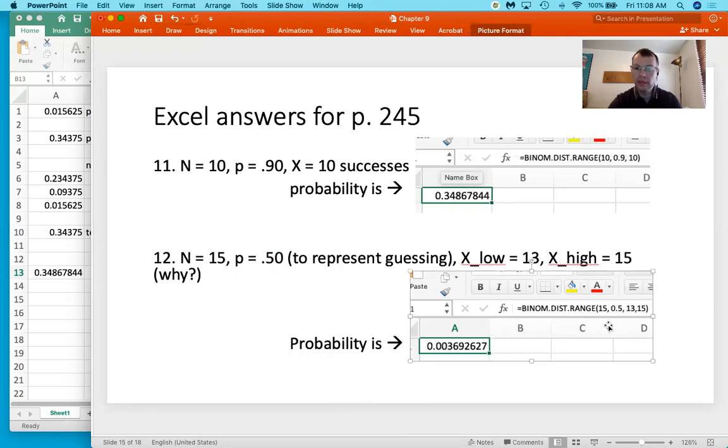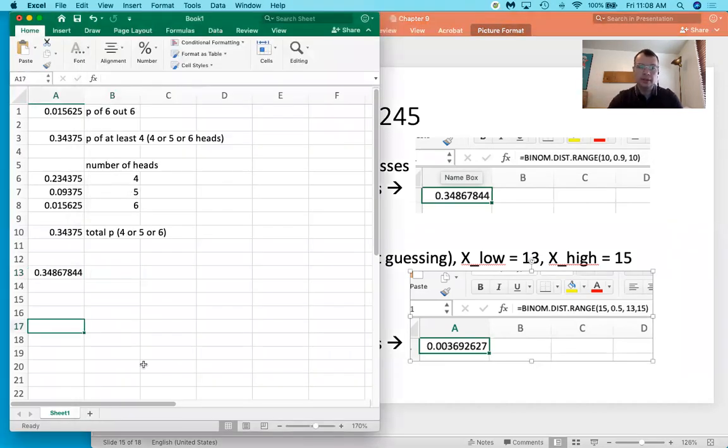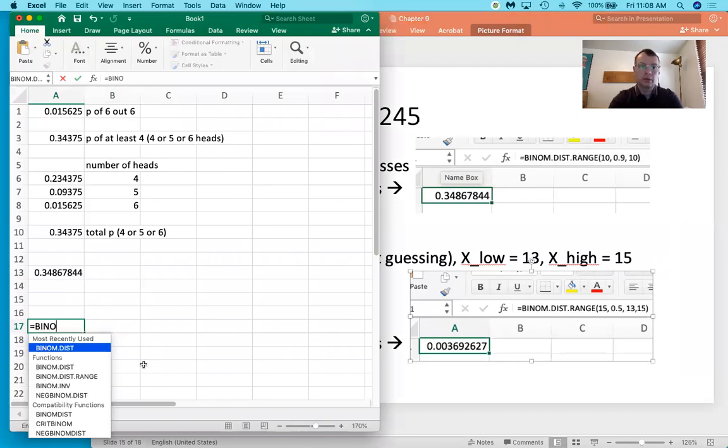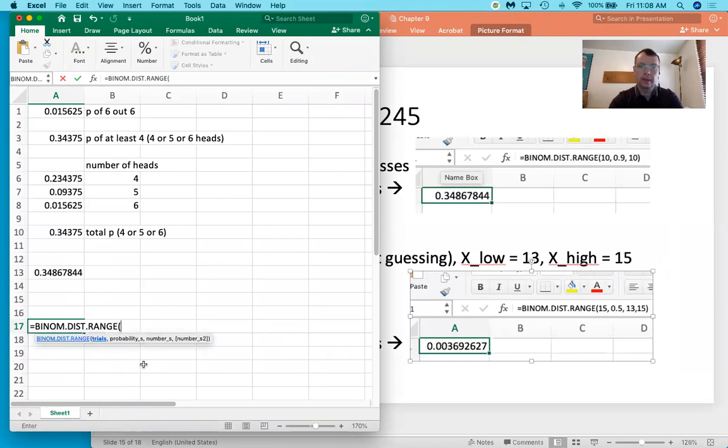We don't have to go ahead and get those probabilities separately. So the way I do this is I say, okay, binom dist range, 15 trials, 15 multiple choice questions, 0.5 probability of getting it right if you're guessing.